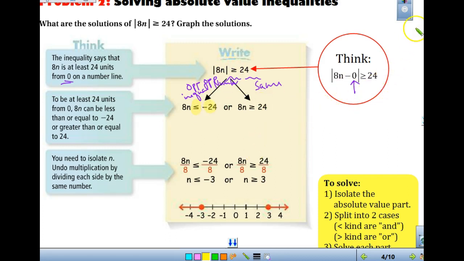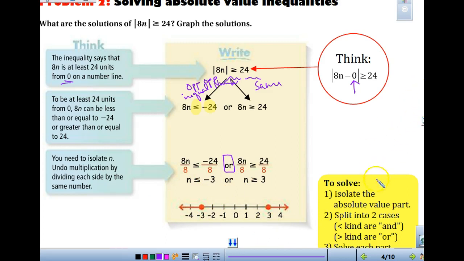And now you're just solving it like we did today, our compound inequalities. This is an or because it was greater or equal, okay? So, will I be picky on if you use or and? Yes. As we go through this today, maybe not so much, but after today I will, okay?